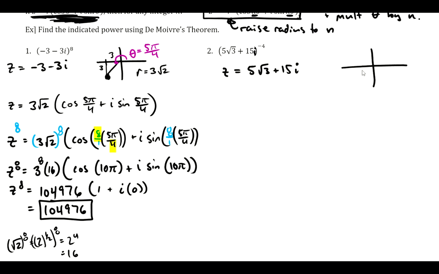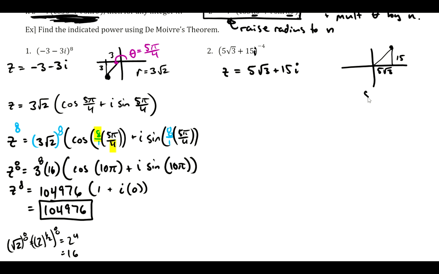So we have 5 radical 3 to the right, and then up 15. Somewhere about there, we'll say. And I still have a right triangle, so that means I could still use Pythagorean theorem to get my answer.